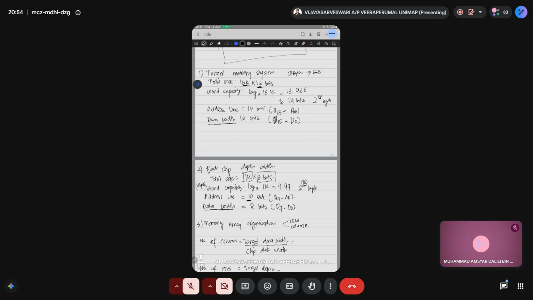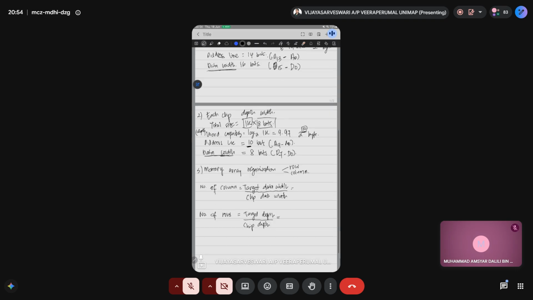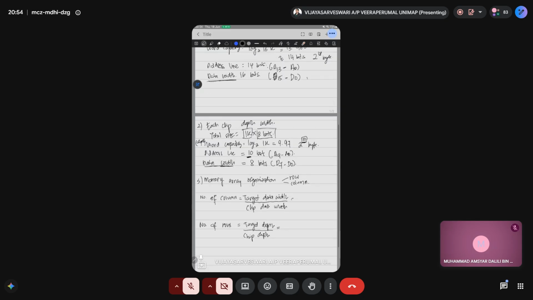It is the same here, this is for target depth and this is for the width. So the target data width for number 1 is 16 bit.